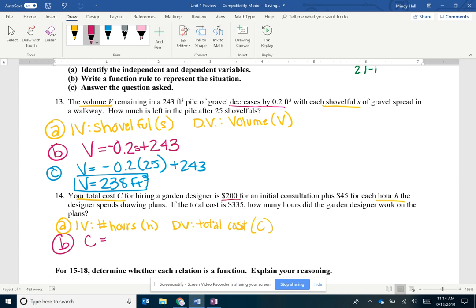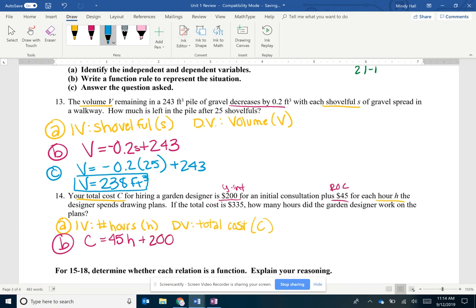The garden designer is $200 initially, so that is your y-intercept. And then your rate of change is your $45 per hour. So I would have 45 H plus my $200 initial fee.